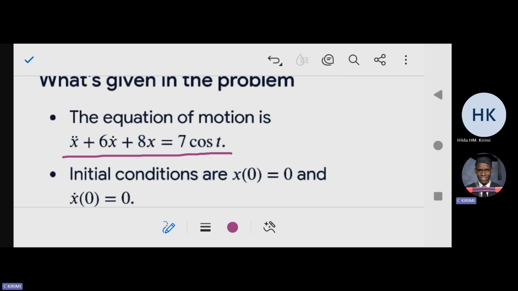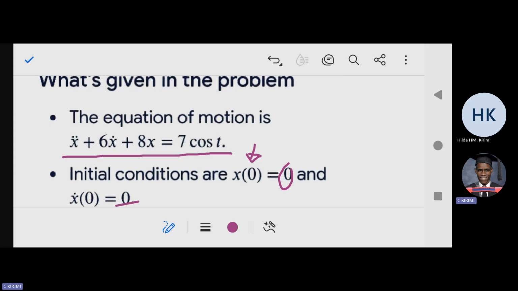They are saying the initial conditions are x0 and also, at time zero, the position is 0. And when you differentiate the position, you get the velocity. The velocity initially is also 0. That's what they are saying.